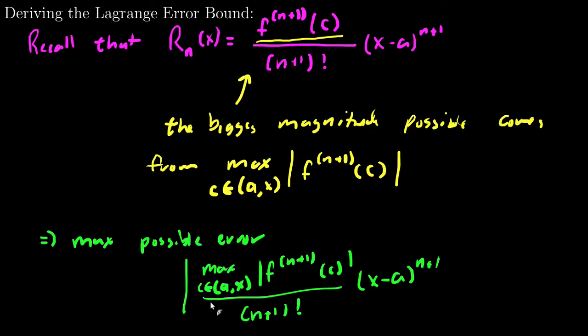And since it's an error, all errors are positive. We put in those absolute values. So that's the Lagrange error bound.